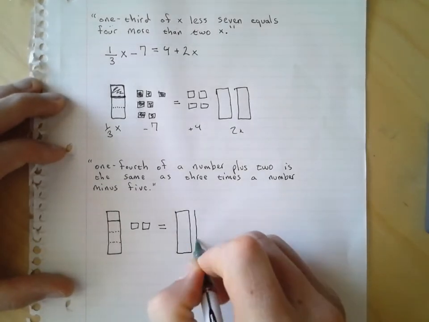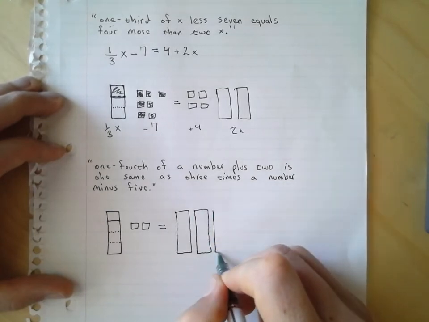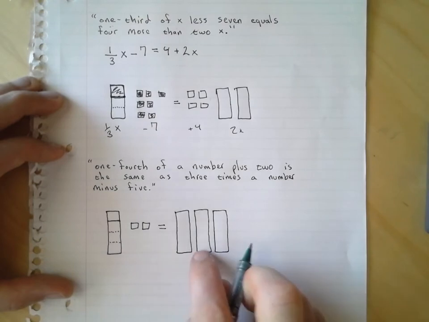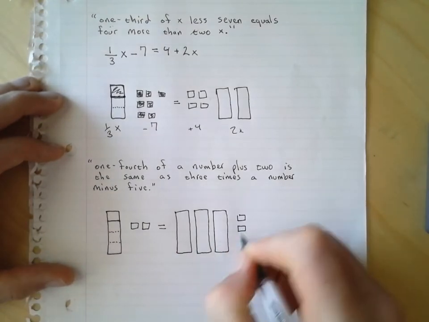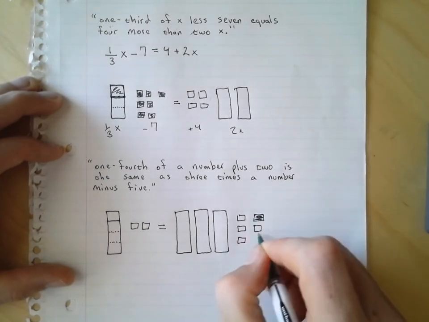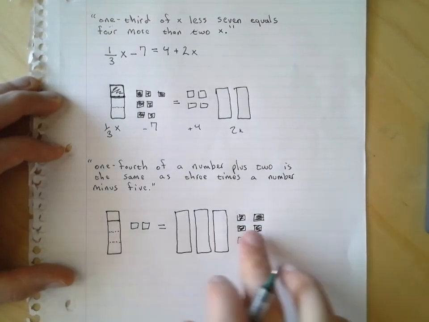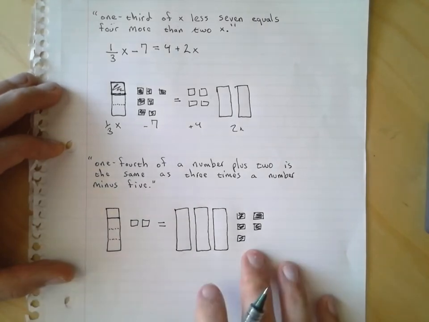And 3 times a number is simple, I think, because we just use 1 bar for each of the number or the unknown part. And the minus 5, individually shaded units. So this model, this sentence, and the mathematical equation all have direct connections.